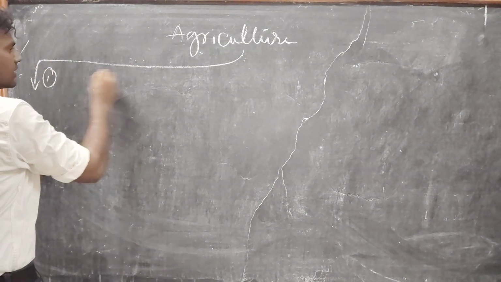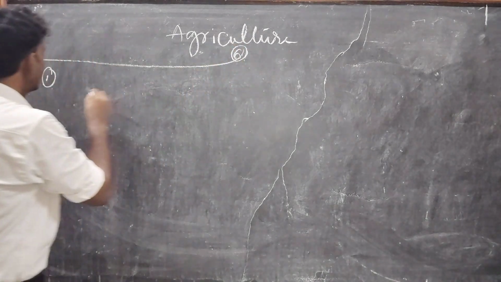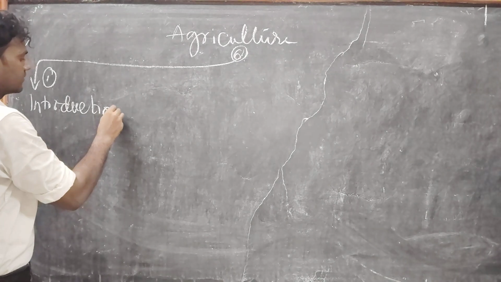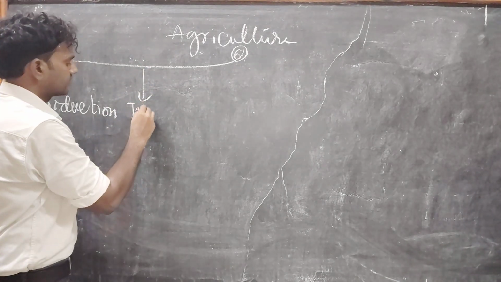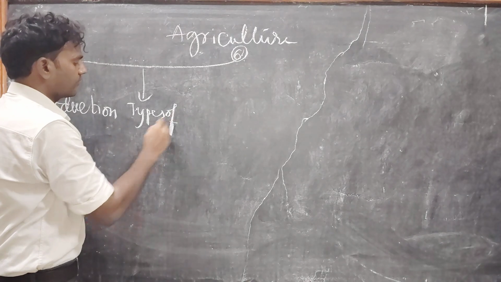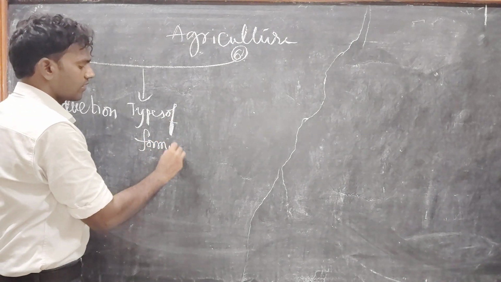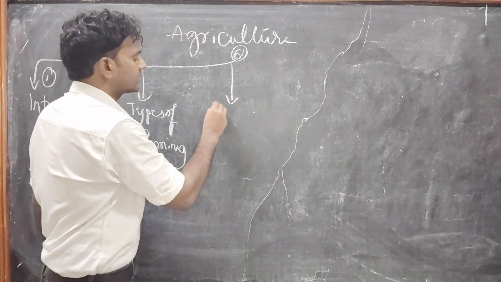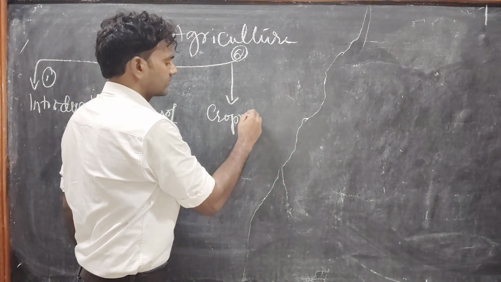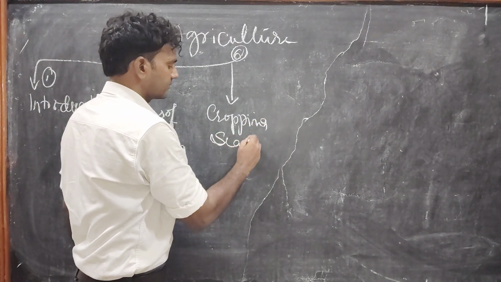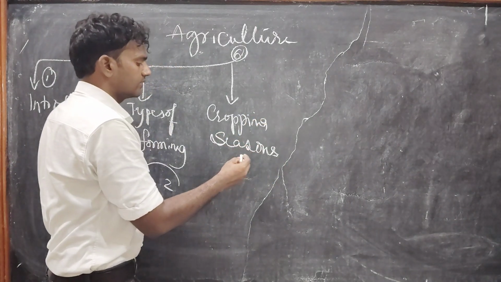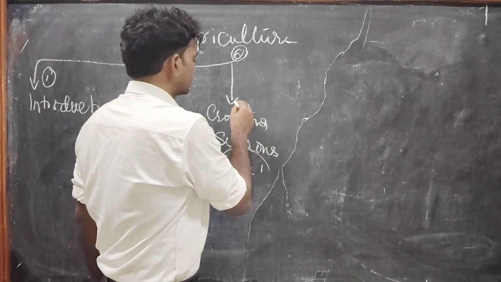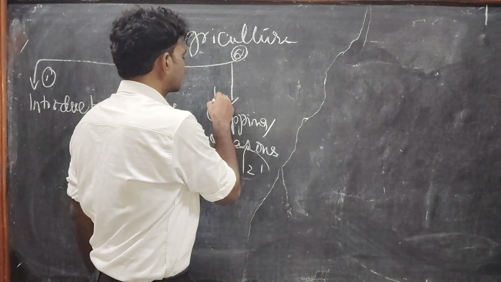First, there are nearly 6 subtopics we discussed before: introduction, and then types of farming, and again cropping seasons. Cropping seasons are patterns, already we discussed.